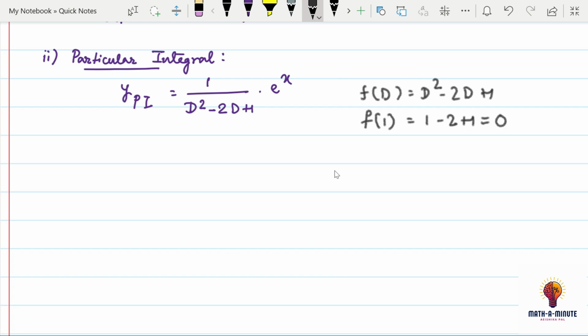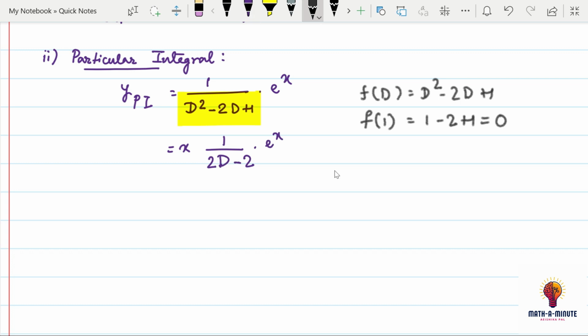So we can't put f of a here. For that, we can apply the second rule. It will be x times 1 by the derivative of this D operator with respect to D, so it will be 2D minus 2, e to the power x.